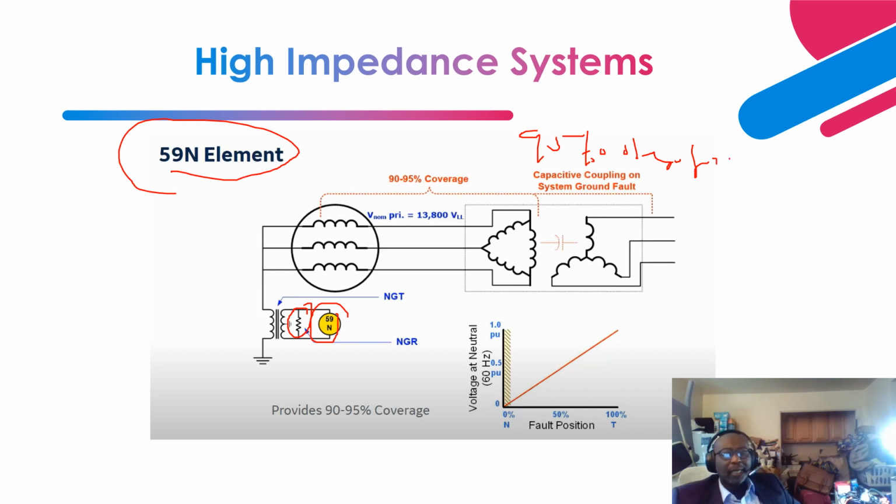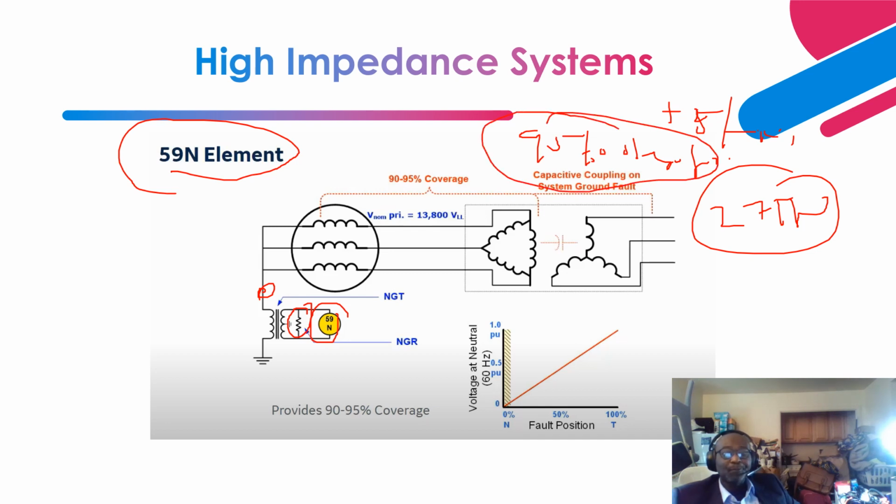So the remaining 5% of the neutral is not protected, and there has to be an additional 5 to 10% provided by a different protection scheme. Usually they utilize third harmonic undervoltage to complement the last 5 to 10% of this protection scheme to achieve an overall 100% protection scheme.